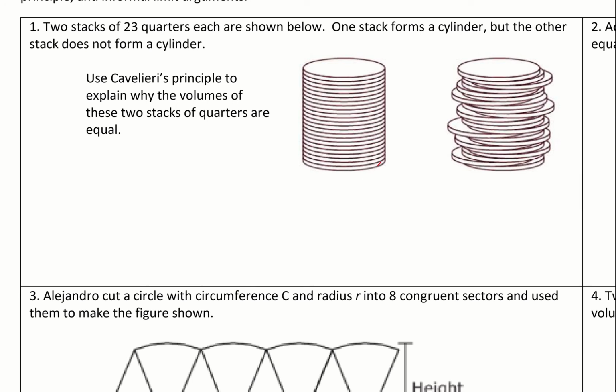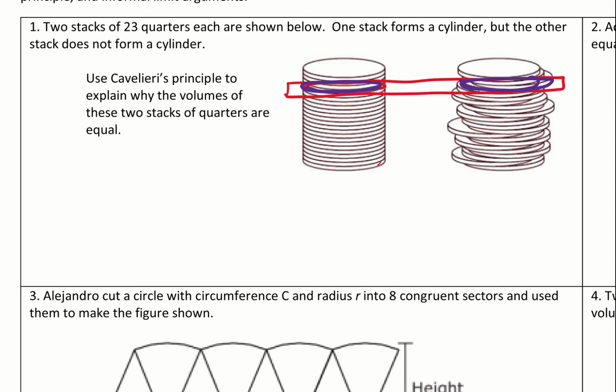Okay, so remember that Cavalieri's principle states that if you are to slice this at each level, so if I were to slice it at this level, then that means I would only be looking at one of the quarters, right? So let's assume that we slice it so that we're only looking at 1 quarter at a time. As long as the coins here are the same cross-sectional area, meaning that they're the same coin, they're both quarters, right?